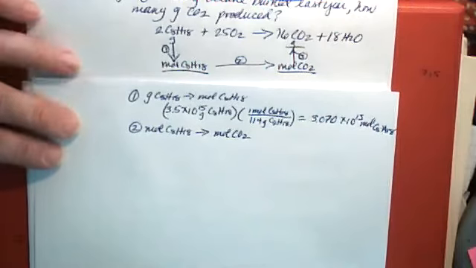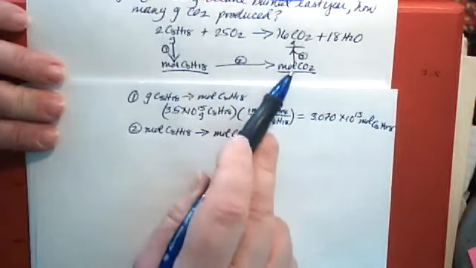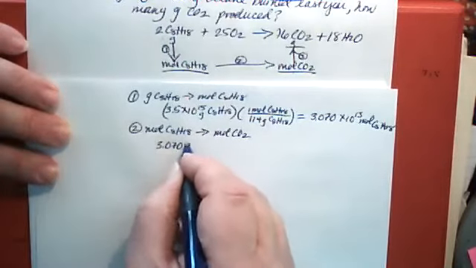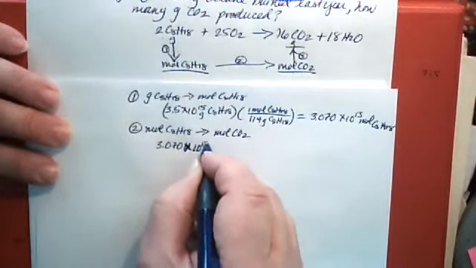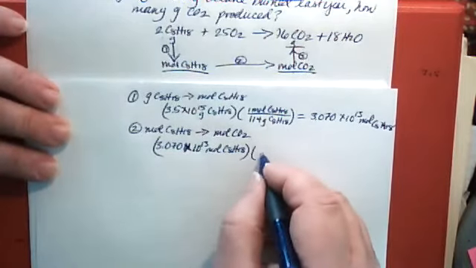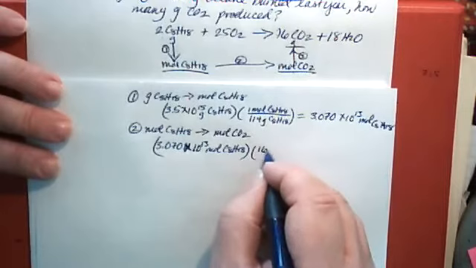The second step, again, is where the stoichiometry comes in. Now that we have moles of octane, we can take advantage of the 16:2 ratio in the equation to find out how many moles of CO2 we get. Okay, so we got 3.070 times 10 to the 13th moles of octane.